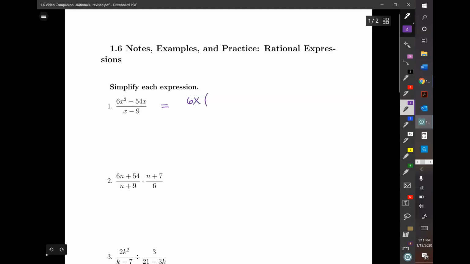So I have 6x times quantity x minus 9, and then all divided by x minus 9 in the denominator. Now I can see that x minus 9 over itself would be 1, so that reduces down or quote-unquote cancels, and the answer leaves me with 6x. So that's my final answer on that.